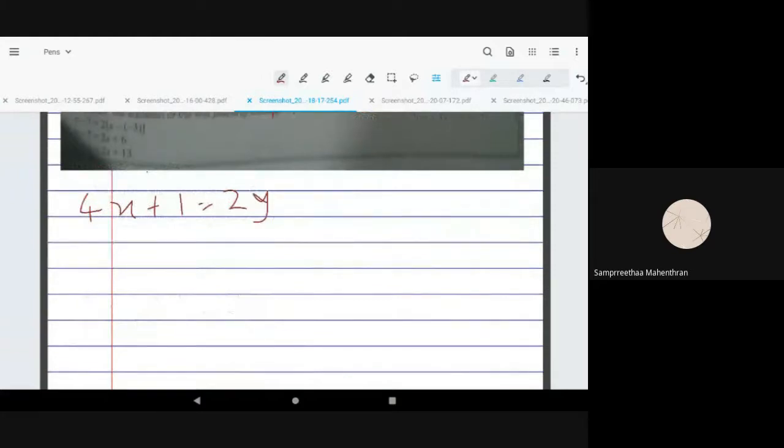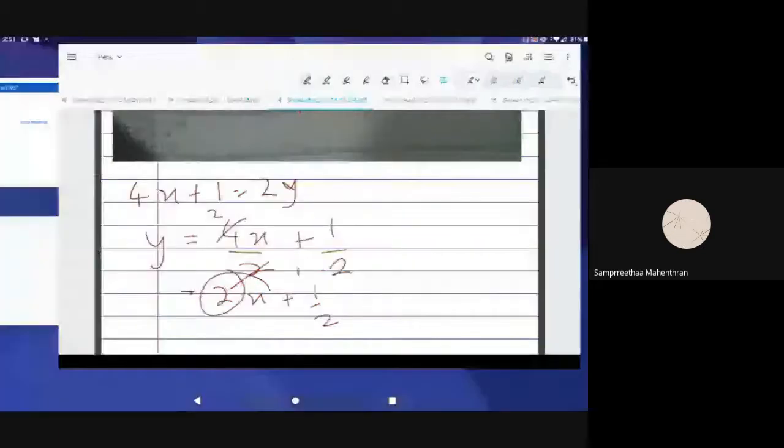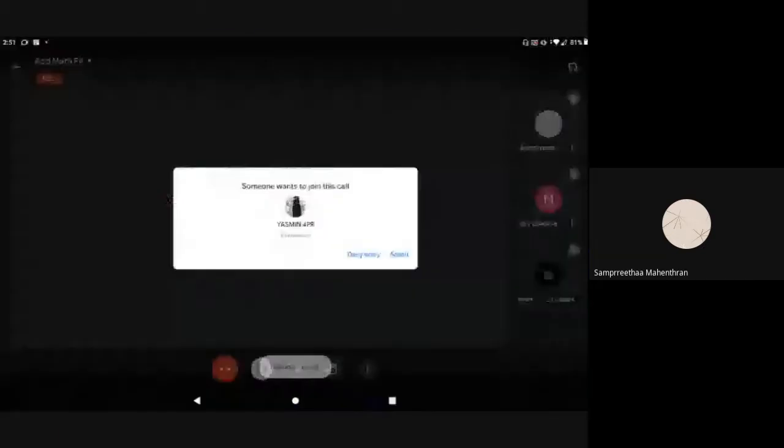So y equals 4x divided by 2 plus 1 divided by 2. So the gradient here is 2, so 2x plus 1 over 2. So this is the gradient for the second line.